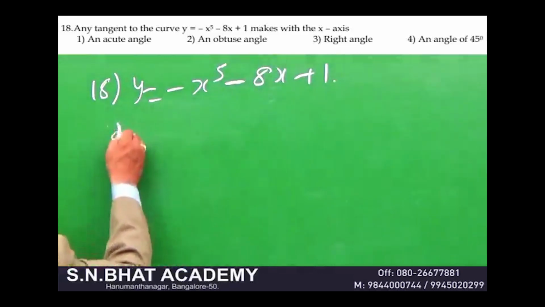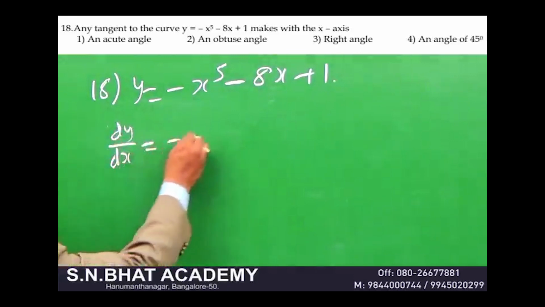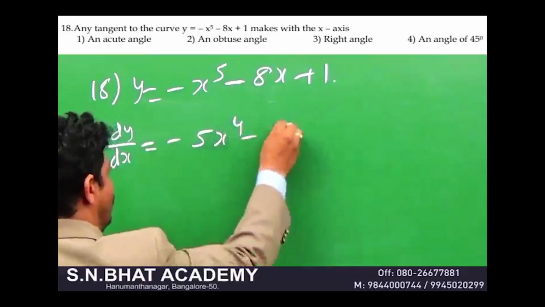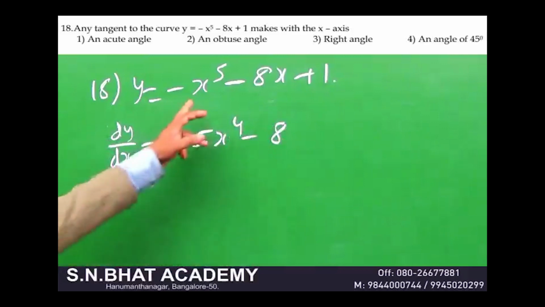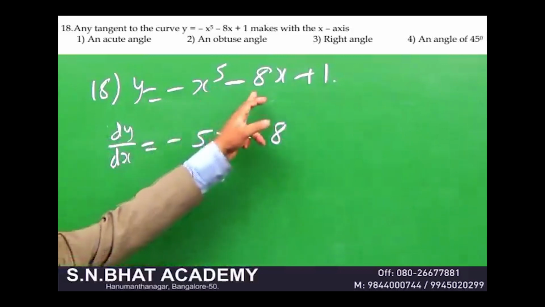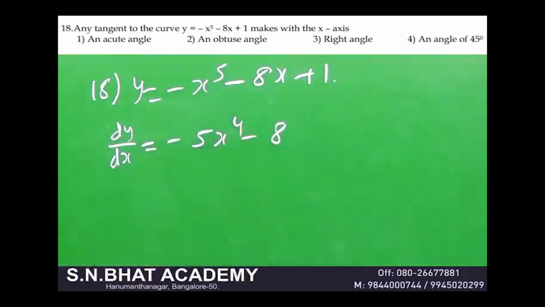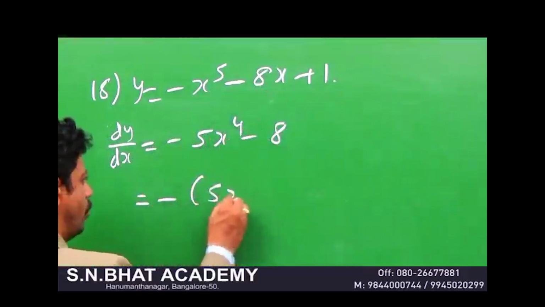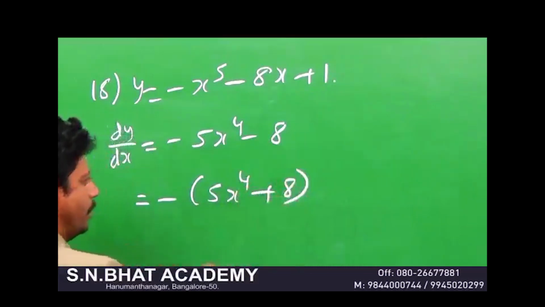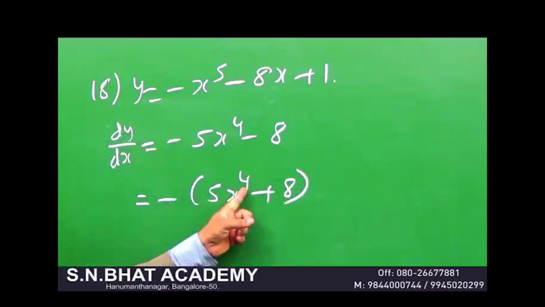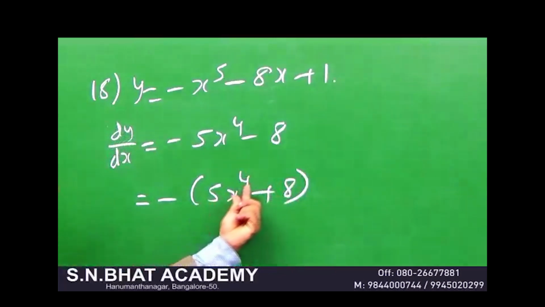For that we have to differentiate. The derivative of x to the power of 5 is 5x power 4. The derivative of 8x is 8. If you take out the minus sign, you get minus of 5x power 4 plus 8. X power 4 is an even power, therefore x power 4 is always non-negative.